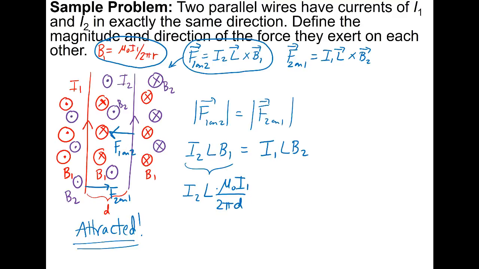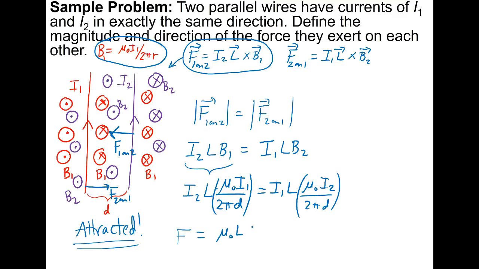So d is the distance between the wires because that's the location at which we're trying to find the magnetic field. Now you'll notice that if I plug it in on the other side, B2 would be mu naught I2 over 2 pi d. So what this is telling us is that the force is equal to mu naught L I1 I2 over 2 pi d.